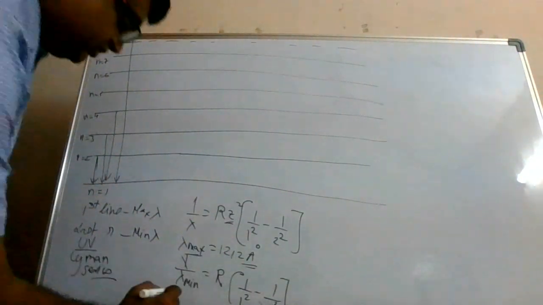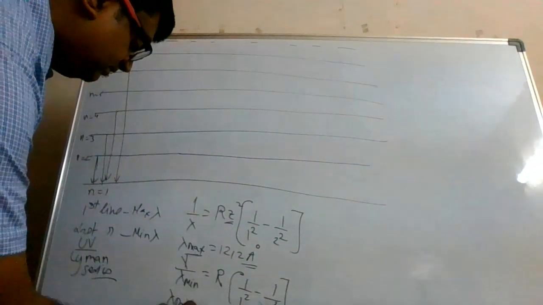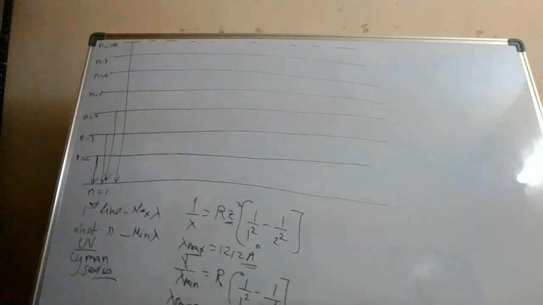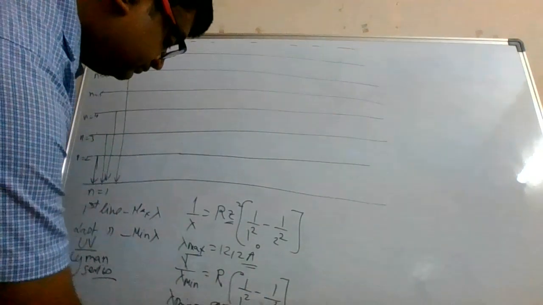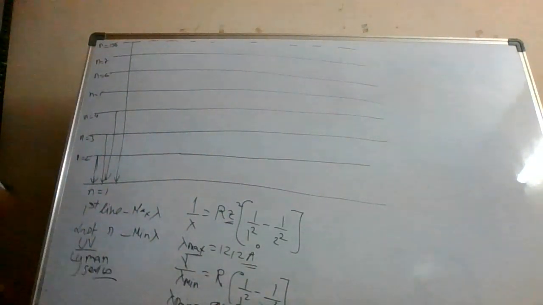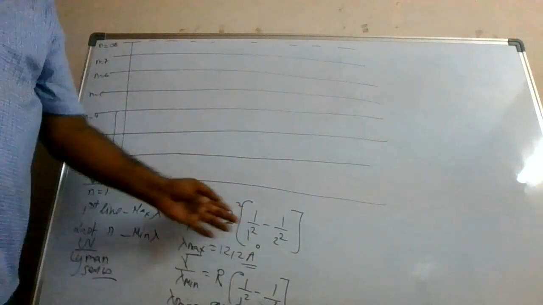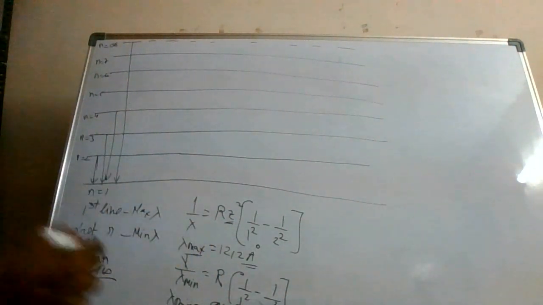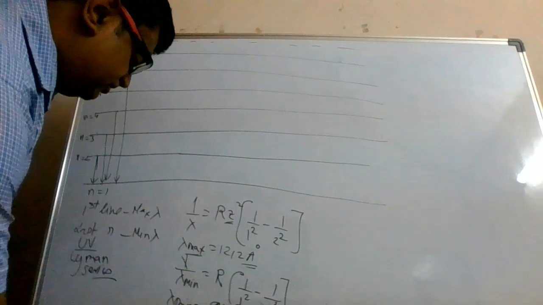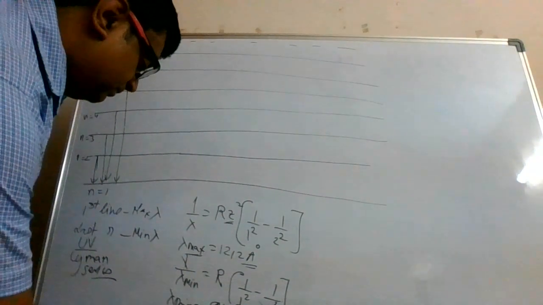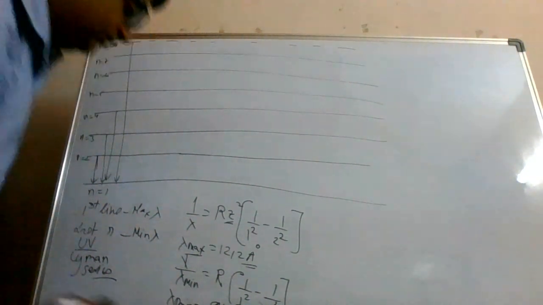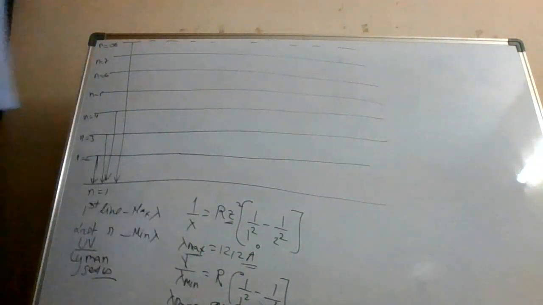When you make the calculation, you get lambda minimum in this case as 912 angstrom. No need to remember or memorize this. You can make the calculation. You can take the value of R as 1.097 into 10 to the power of 7 meter inverse, put the value over here, and make the calculation.